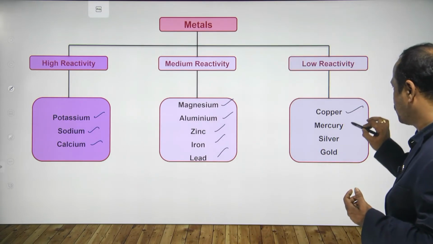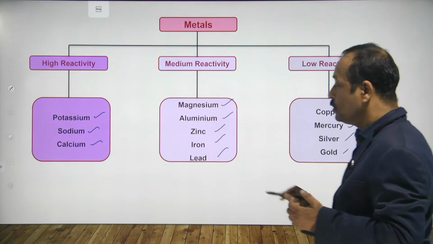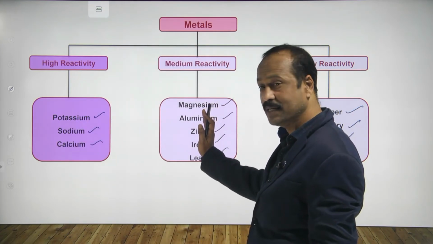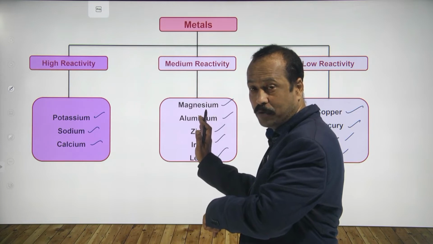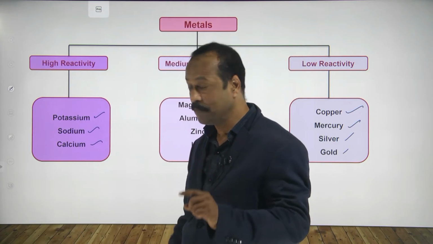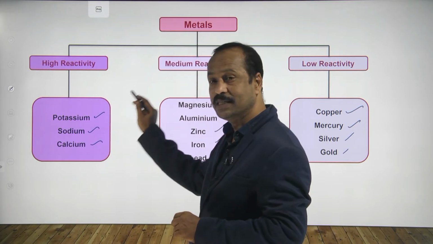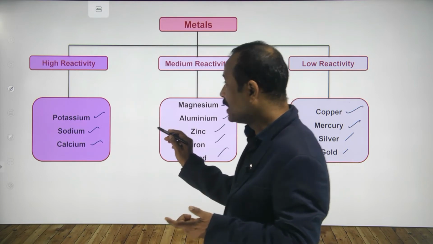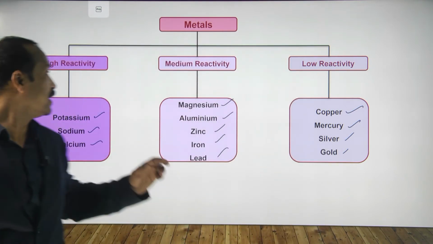And the low reactivity metals are copper, mercury, silver, gold. So these metals can displace these metals from their compounds, but these metals cannot displace these metals. Is this clear to you? So higher reactive metals displace lower reactive metals, but lower reactive metals cannot displace higher reactive metals, right?